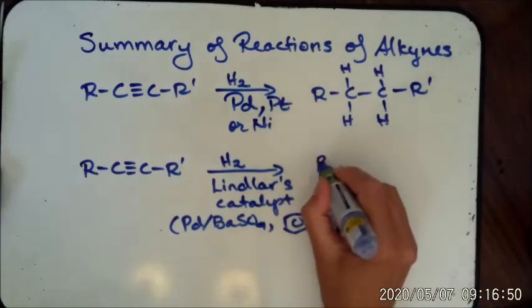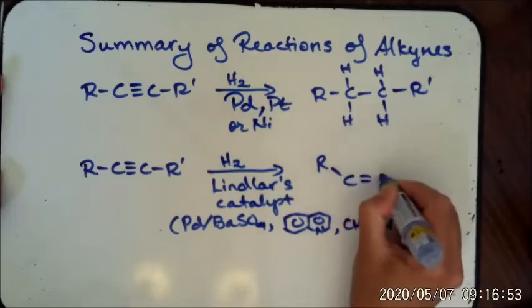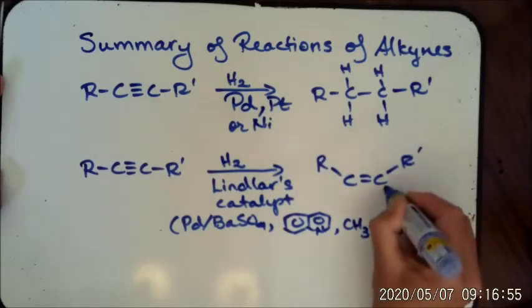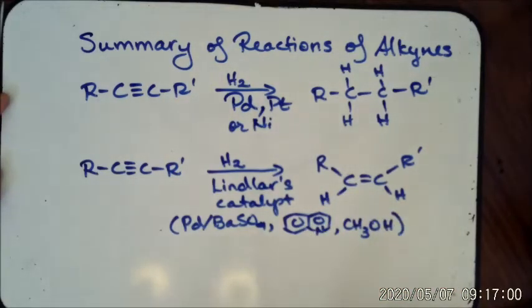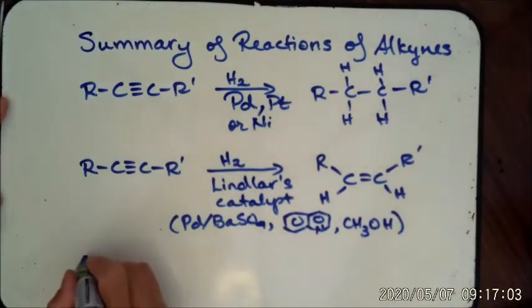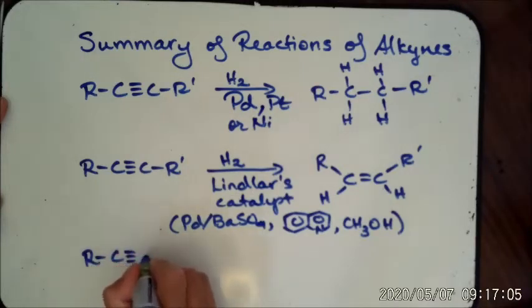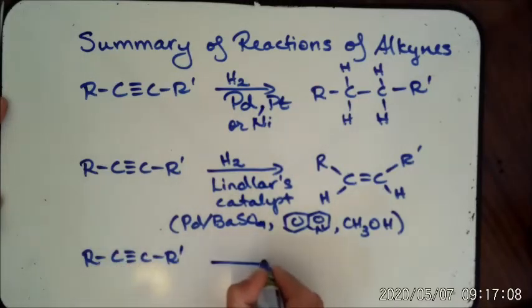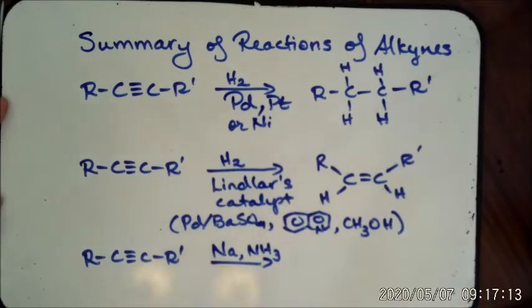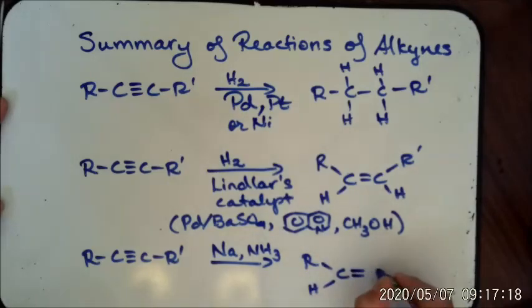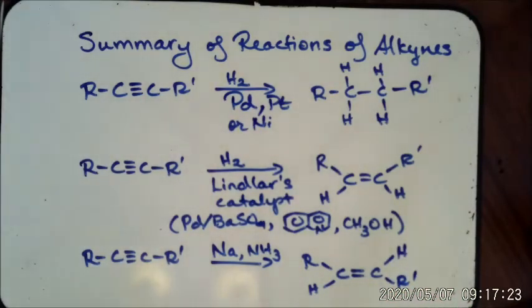Then we have a cis addition of the hydrogens across my triple bond. So you form a cis alkene. If you want a trans alkene, then you use sodium metal dissolved in ammonia, and then you get your trans alkene. Okay, so these are the reactions we know for addition of hydrogen.